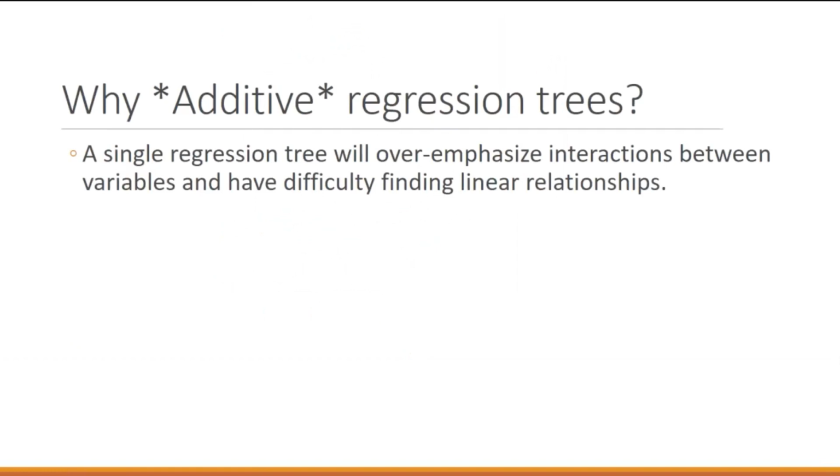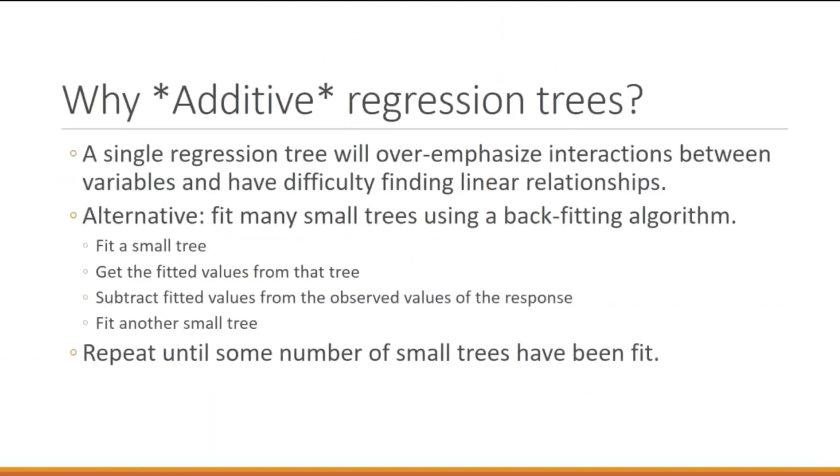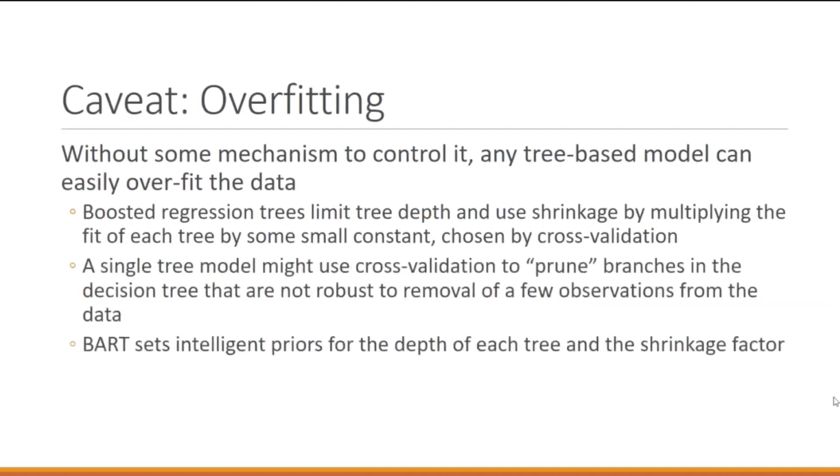So if we start getting down to very deep trees, we are in some sense suggesting that there are 5 or 8-way interactions, and that's a little bit much. And so here we keep it shallow, but we still try to capture any variability that hasn't been absorbed using a previous smaller tree. And then this process is repeated until we have some number of small trees. It's usually a fairly large number, and sometimes left as a tuning parameter for these regression approaches.